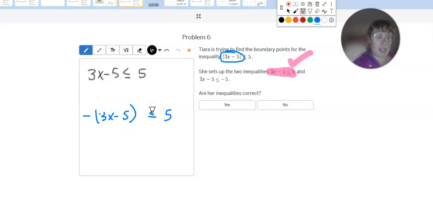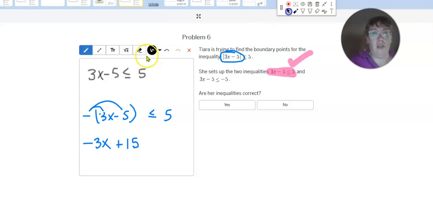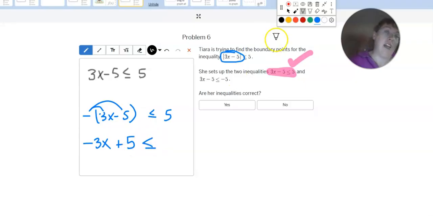And when you distribute that negative, we get negative 3x, and then negative times negative 5 is a plus 5. So it just changed the signs of the two terms.